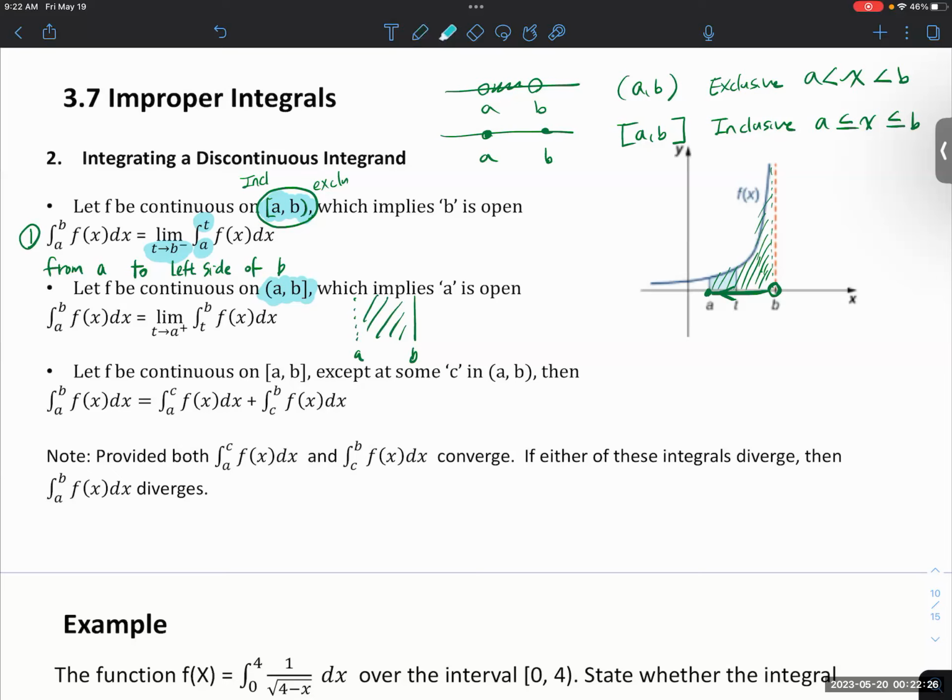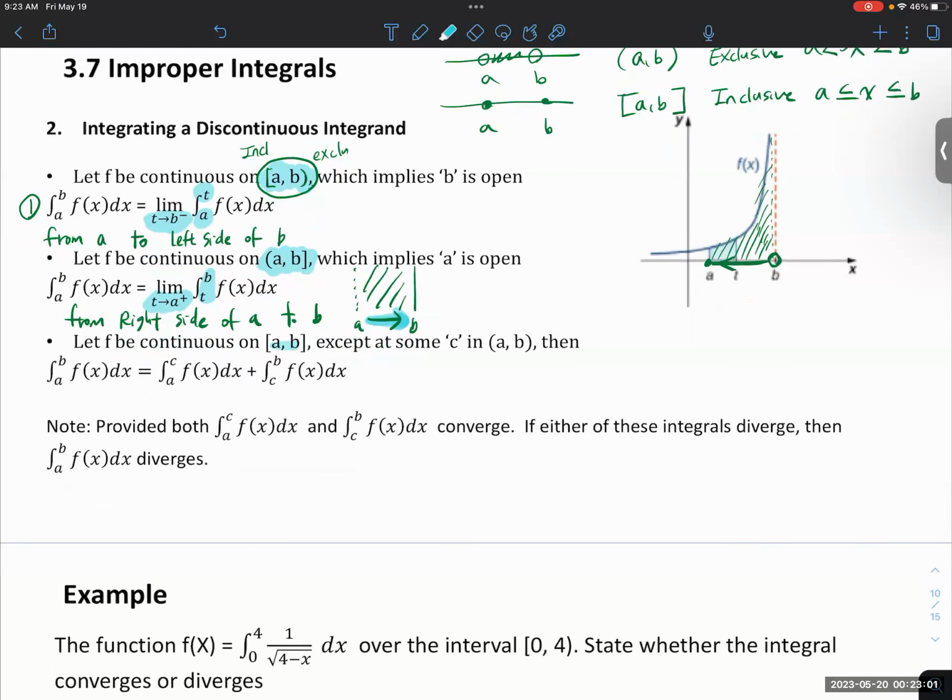All the way up, all the right side, this is from the right side of A to B, correct? So then t approaching A to the positive means to the right side of A, and then you actually stop at B. So that's the limit, second case.